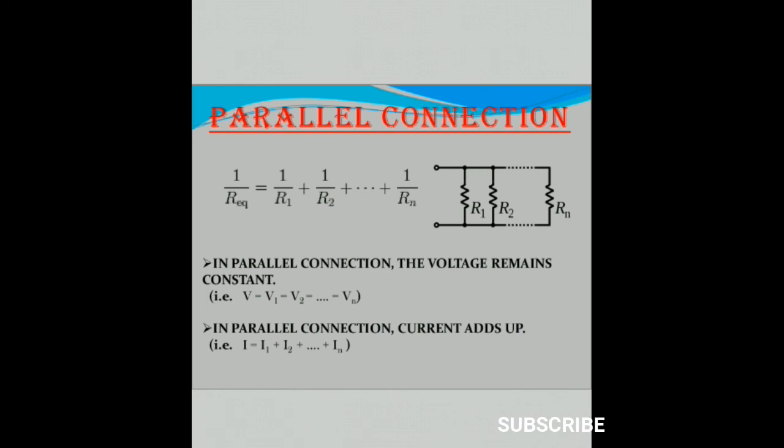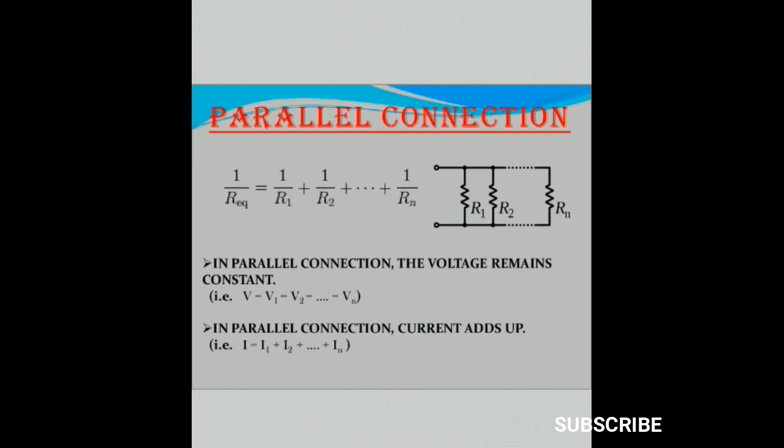If the resistors are connected in parallel, then the voltage remains the same. The voltage V we apply at the first terminal is induced across R1, the same V across R2, and across Rn. So the voltage is the same across R1, R2 and Rn, but in parallel connection the current is divided.